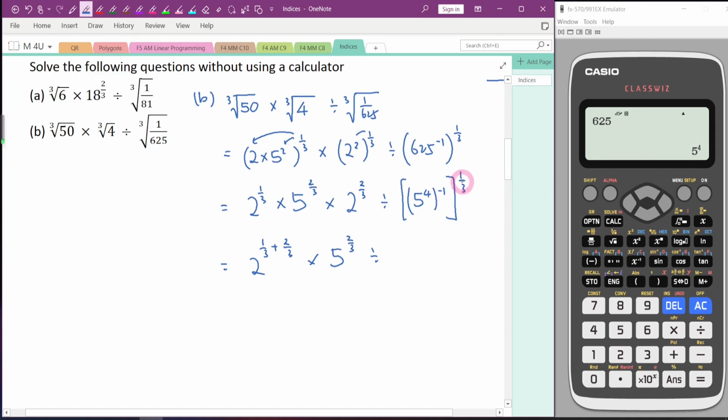And times 1 over 3, you will get negative 4 over 3. Okay. So this is again 1 over 3 plus 2 over 3, which will give you 1. You don't have to write 1. So how about this? When you see a negative number, you need to be more careful. Divide is minus, but you have another negative here. So eventually, negative will actually give you positive.